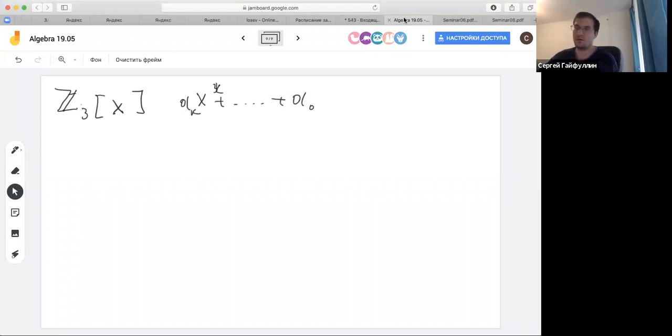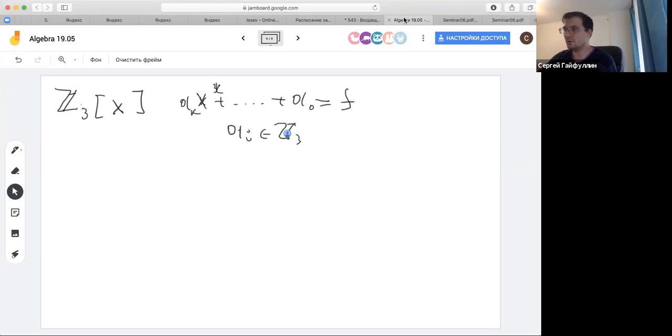This is a formal polynomial, so there is no value of x here. But of course, all a_i are from Z3.